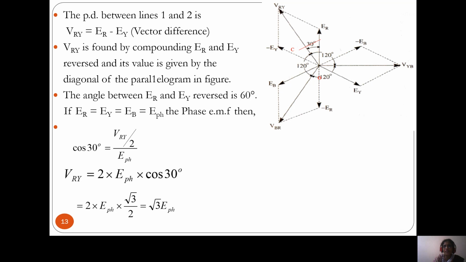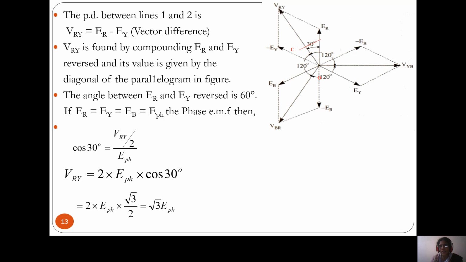VRY is in between line 1 and line 2, so ER and EY. With EY reversed, its value is given by the diagonal of the parallelogram in the figure. The angle between ER and EY reversed is 60 degrees.